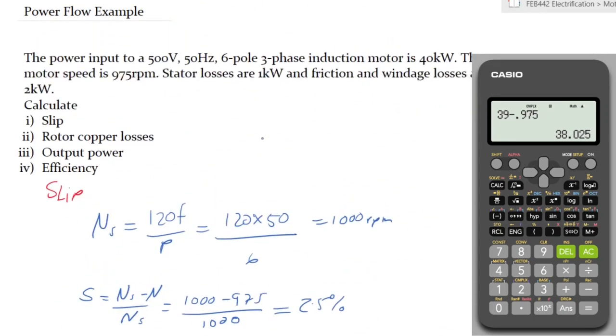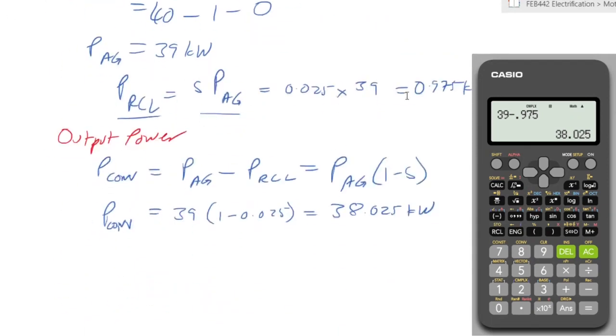So this is the mechanical power that is available at the point of the rotor. From that, we need to deduct the friction and windage so that you are left with ultimately the output power. So the output power is equal to the converted power minus friction and windage.